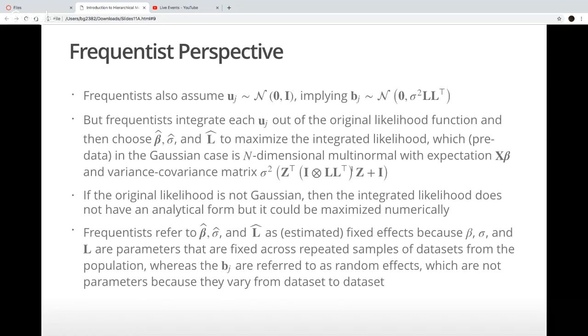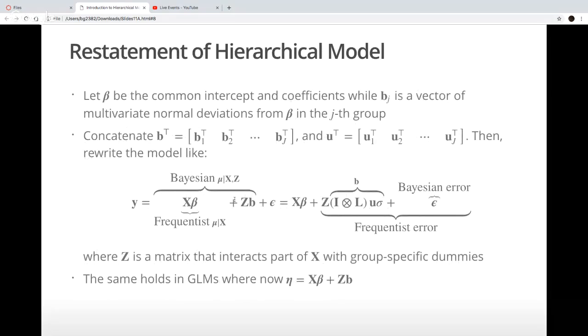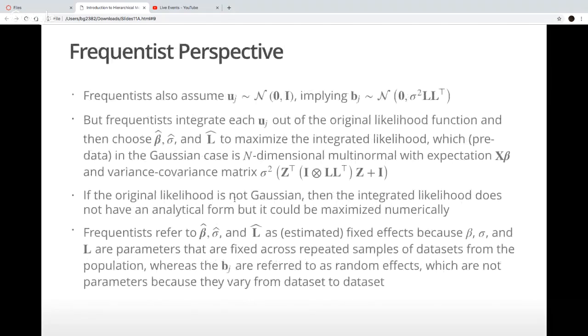Whereas when we do it in the Bayesian case, conditional on x and z, we have independent contributions to the overall likelihood. But that still doesn't really explain why frequentists are putting these normal assumptions on these sorts of things.